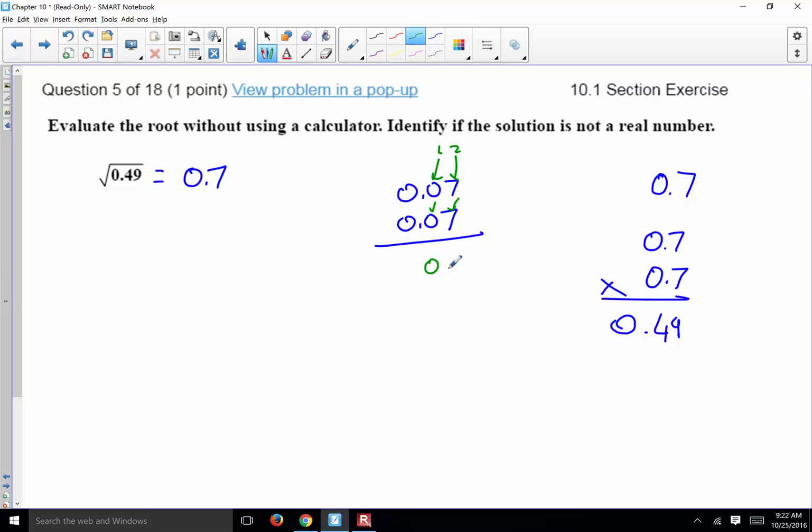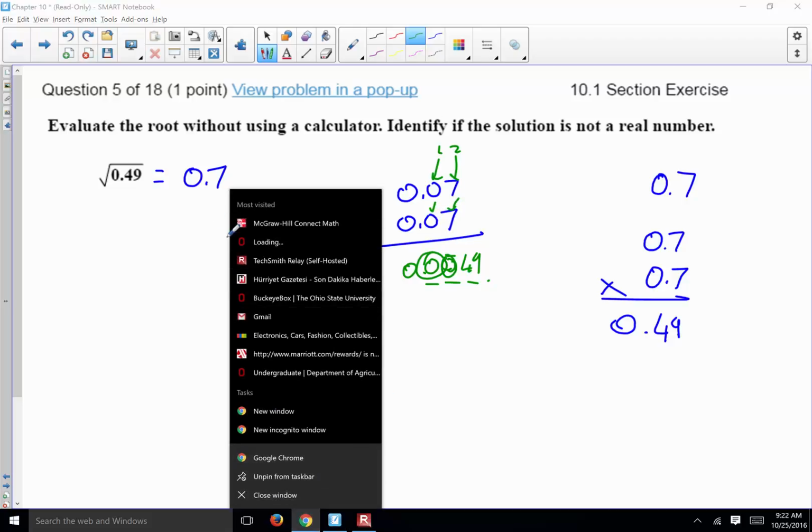Then you will have 4 digits after the dot. 1, 2, 3, 4. 49. So when you multiply 2 digits after the dot, you get 4 digits after the dot, and you get extra zeros. So you literally take a calculator and multiply if you wish. 0.07 times 0.07.